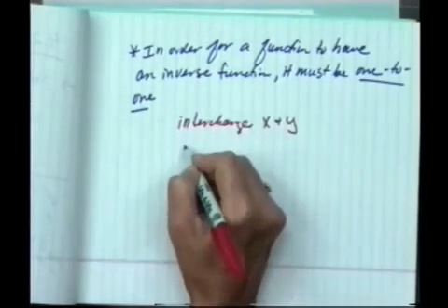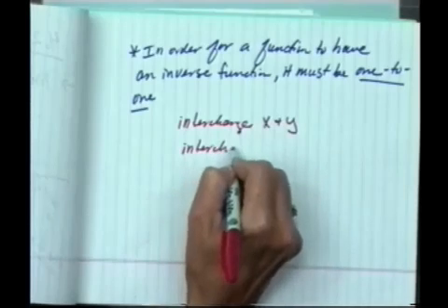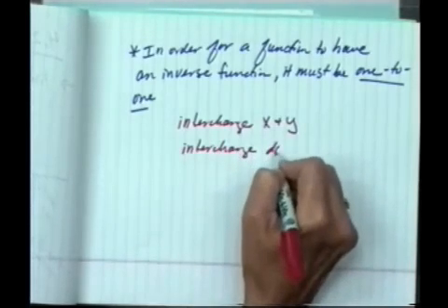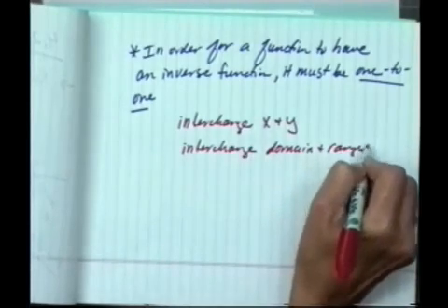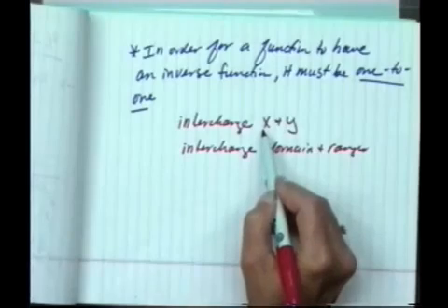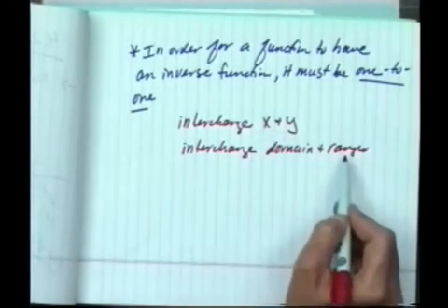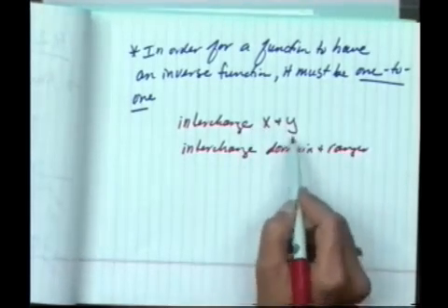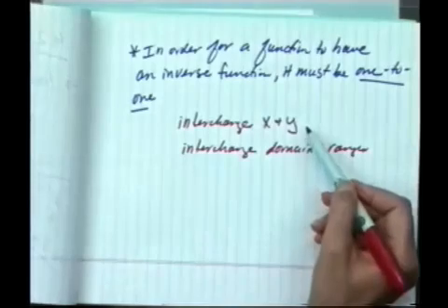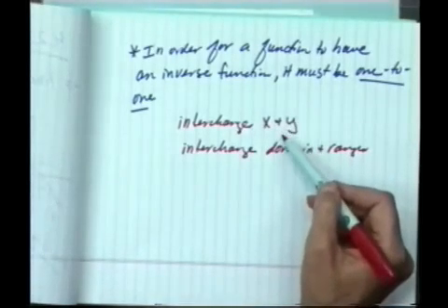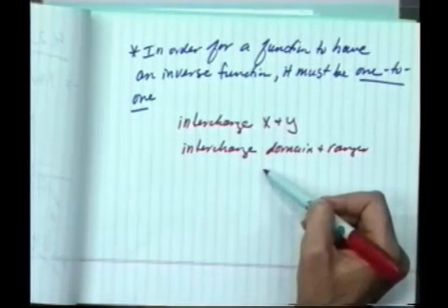That means you are interchanging domain and range, because the x values for your original function become the range of your inverse function, and the range of your original function becomes the domain of your inverse function.